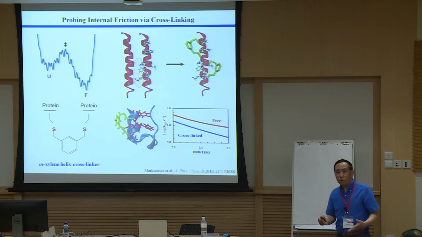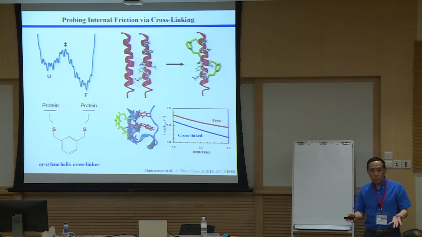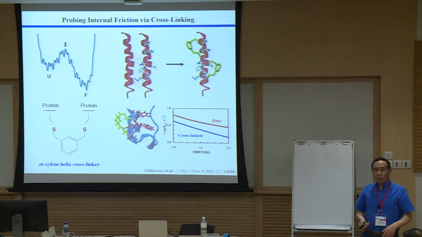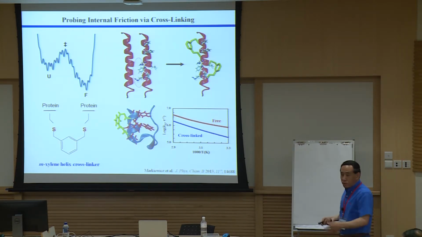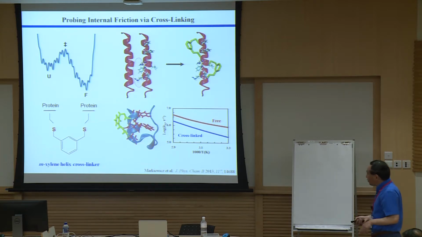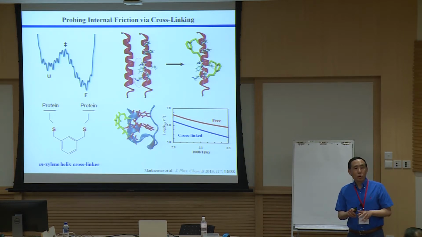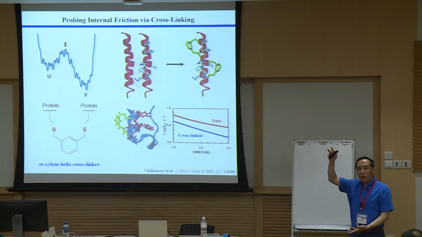So again, we don't have good ideas because no matter what experiment you do, you would not necessarily be looking at those roughness directly. So what we did here is sort of naive in the very beginning, coming back to this triple helix mini protein. If we put a cross-linker, but in this case, we don't want that cross-linker to change the free energy barrier.